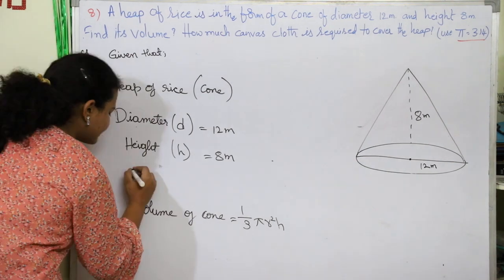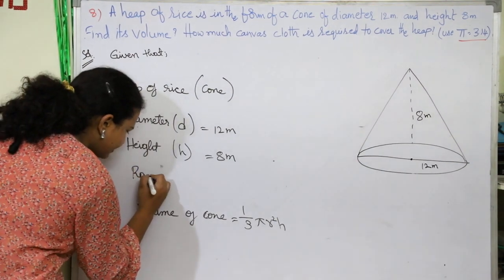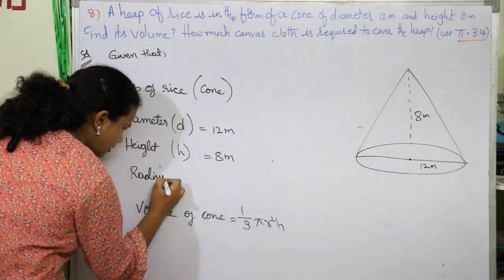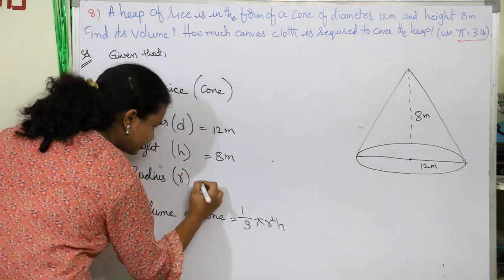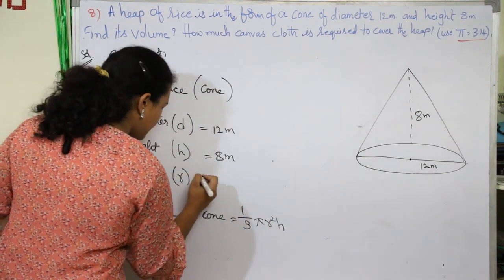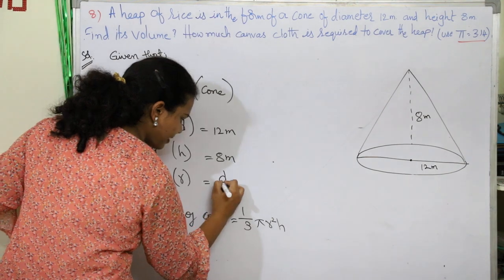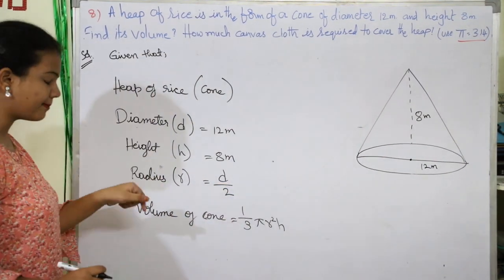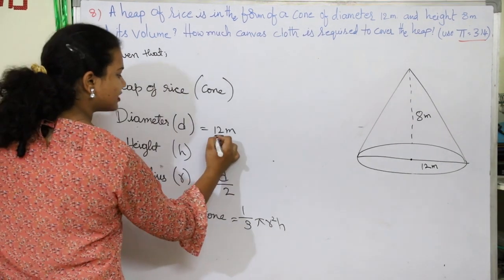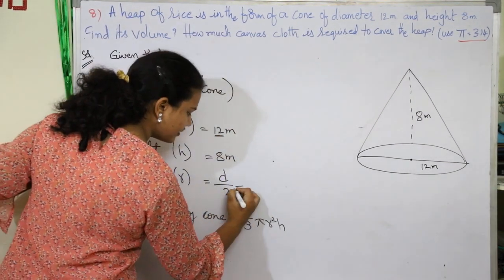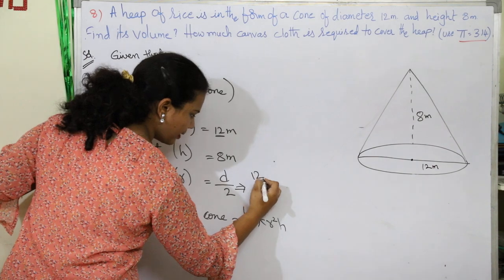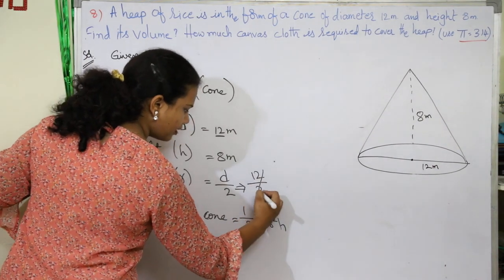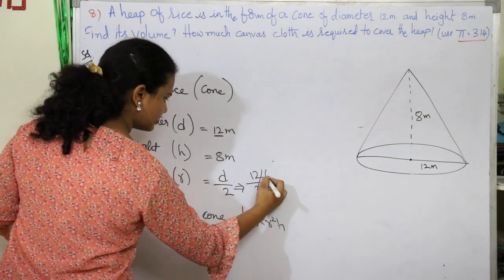So to find radius, I can say that radius r equals, you have a formula for this again, where r equals D by 2, diameter by 2, where diameter equals 12. So I can say 12 by 2, ones 2 6, right?